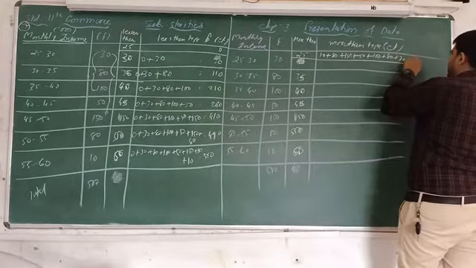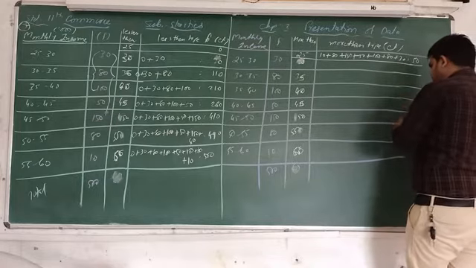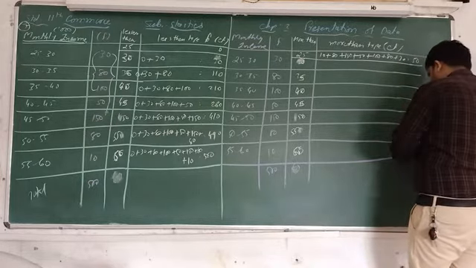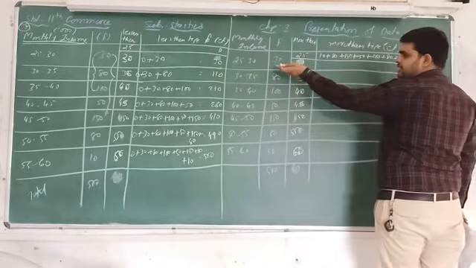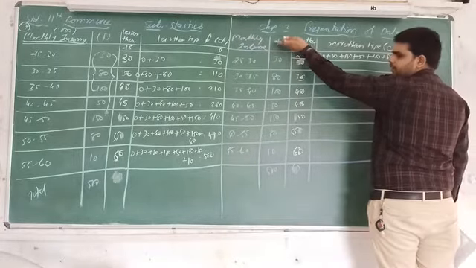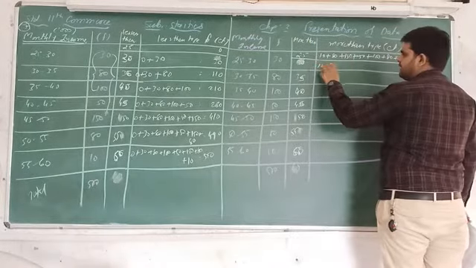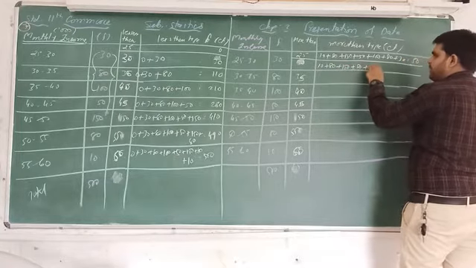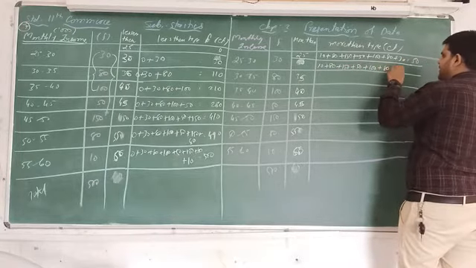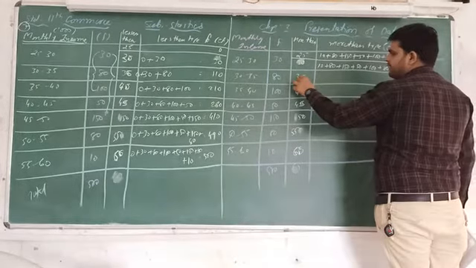It means 500 people have earned more than 25,000 income. Now more than 30: it means this 30 is not included, so we have to deduct this 30. All digits are the same, but we do not write this 30. The answer is 470.